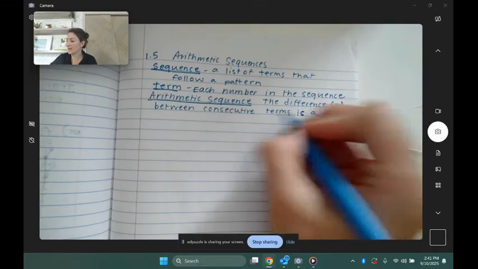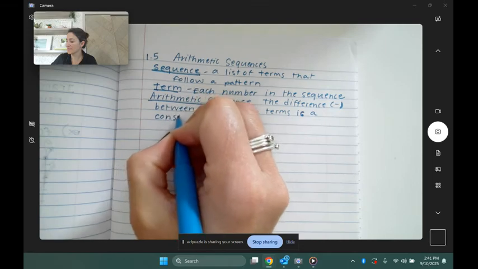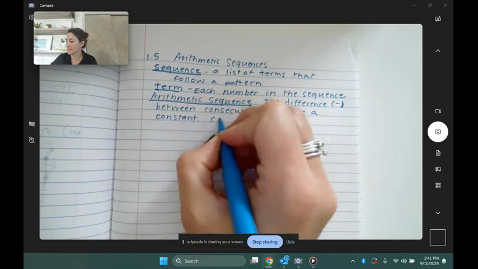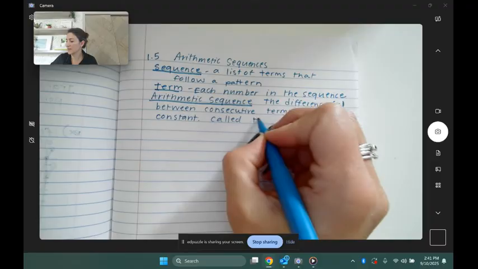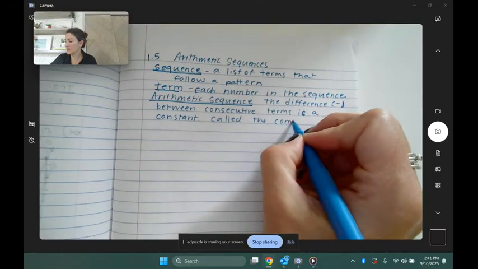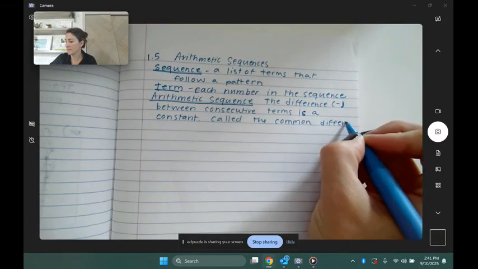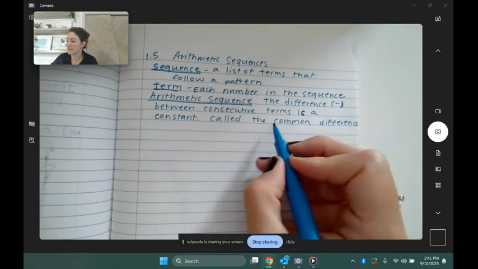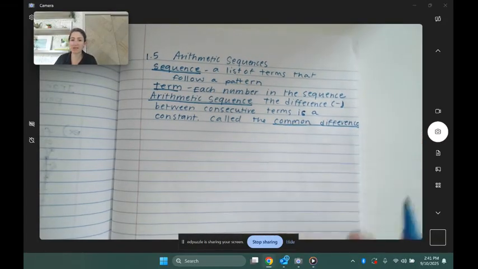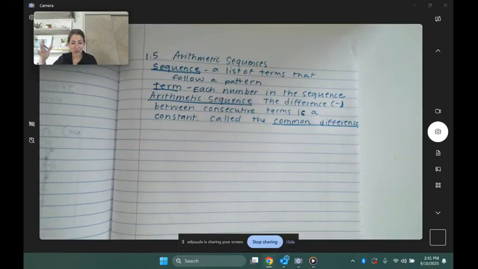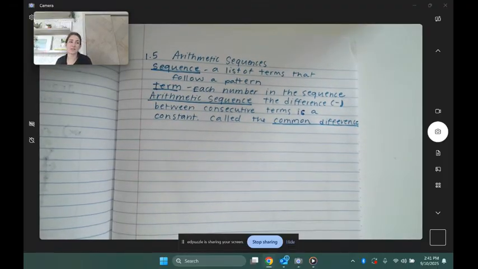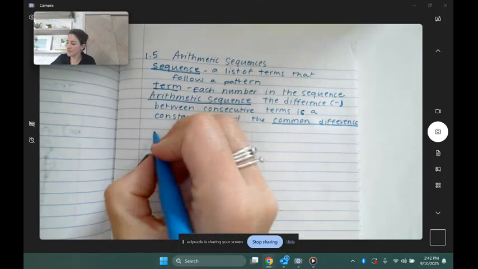It is a constant called the common difference. So like each time you're subtracting 7 in each term of your sequence, then your common difference is minus 7. So here's an example.